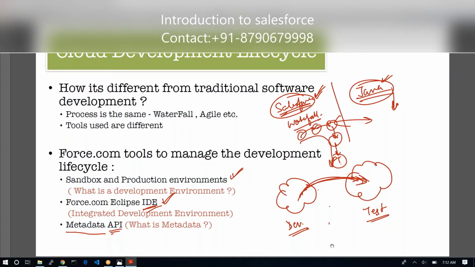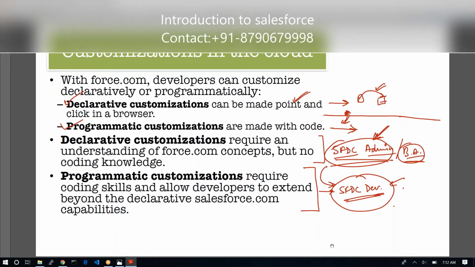UAT, user acceptance testing. Similarly, we do development on sandboxes here in Salesforce, and post UAT we move them to a production environment. So there are only two environments that get used in this application. But you can have multiple sandboxes for the same development, as I mentioned.